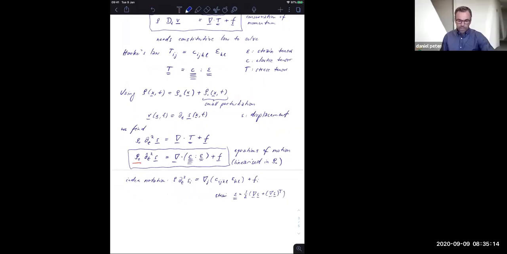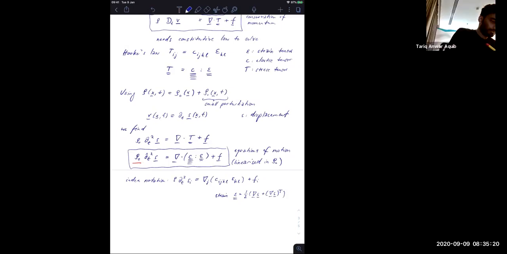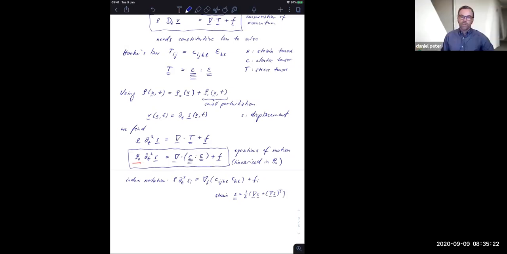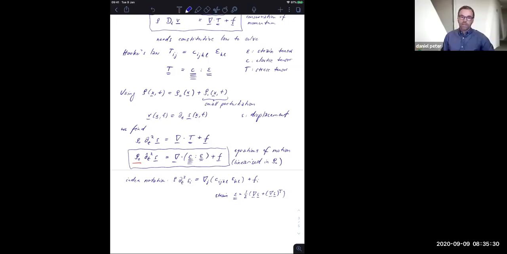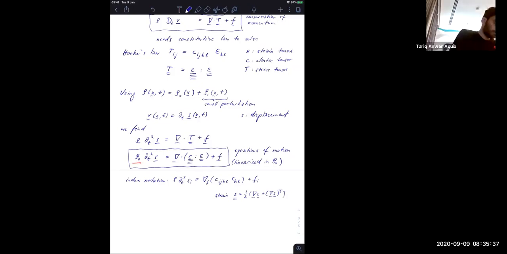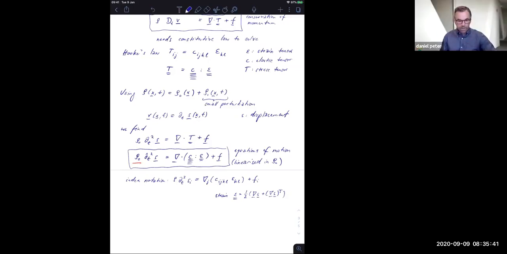So that basically brings us now from strain to displacement. And if you look now at the equations of motion, the only unknown is the displacement, where density, the elastic tensor, and the forces F are all known basically. So we have then in 1D, let's write that down as well.